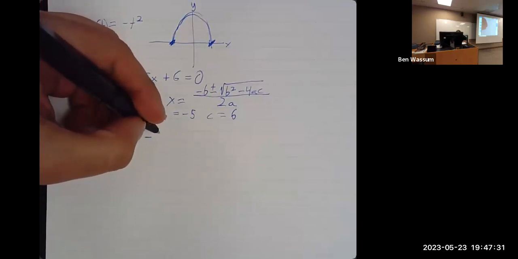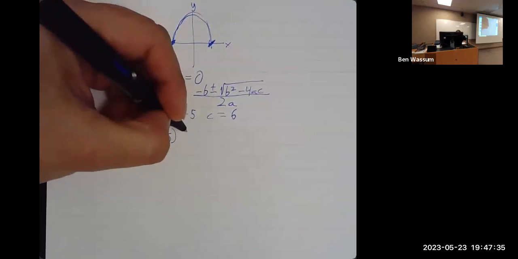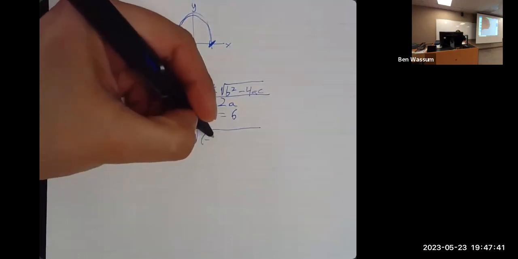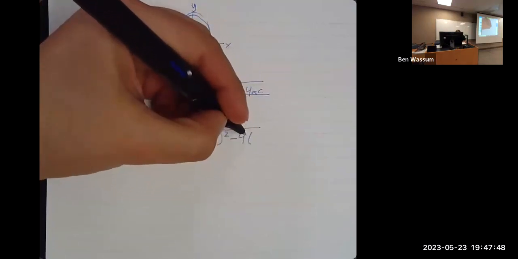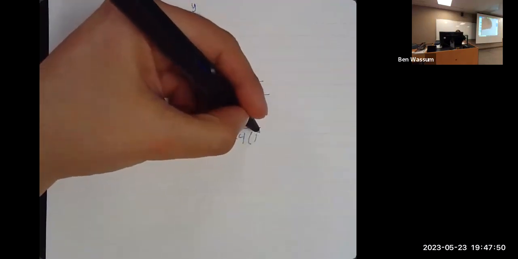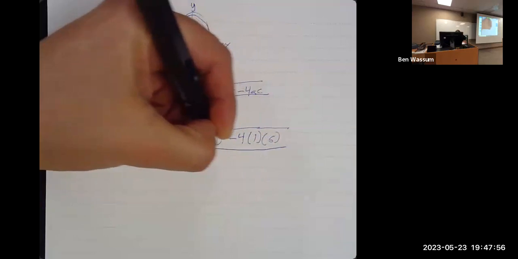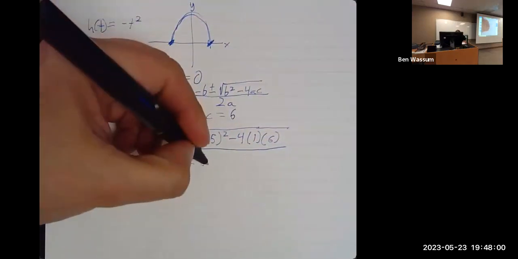So when I do that, it's negative of my b plus or minus square root of b squared, my b is -5 squared, minus 4 times a, which is 1, times c, which is 6, all over 2 times a, which is again 1.